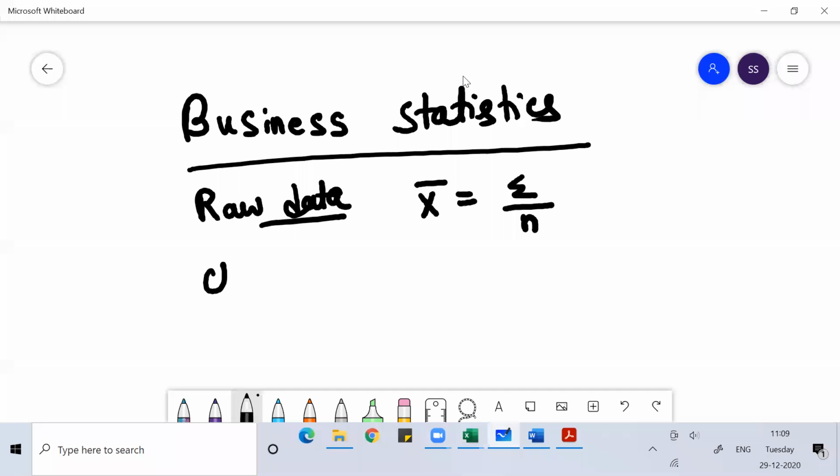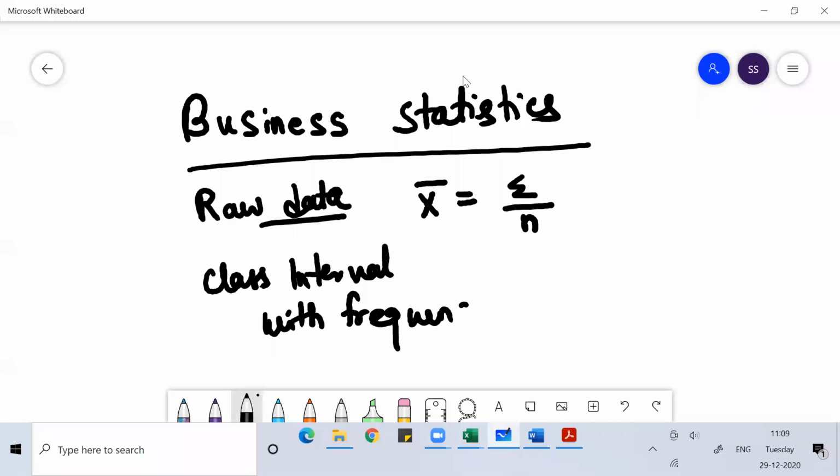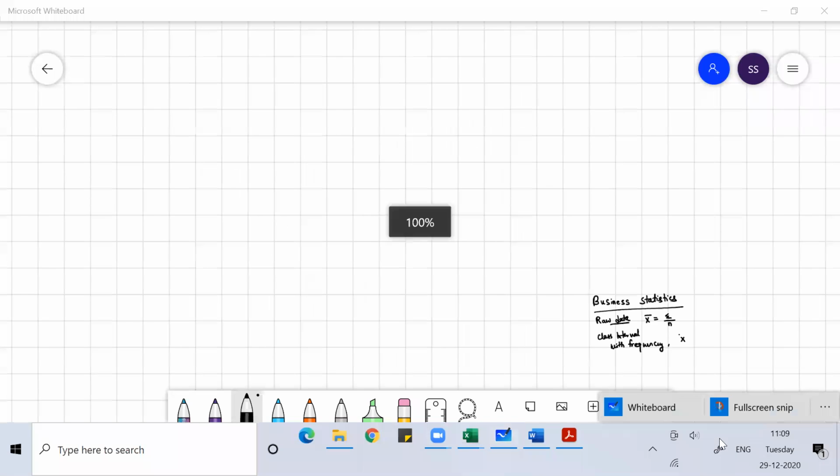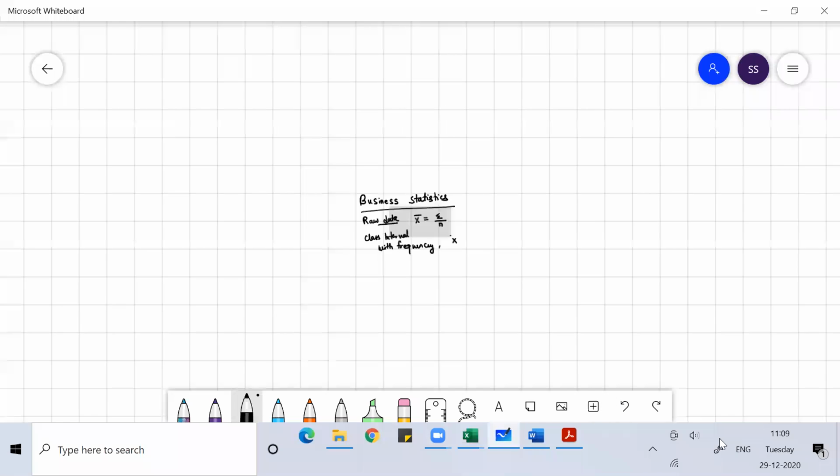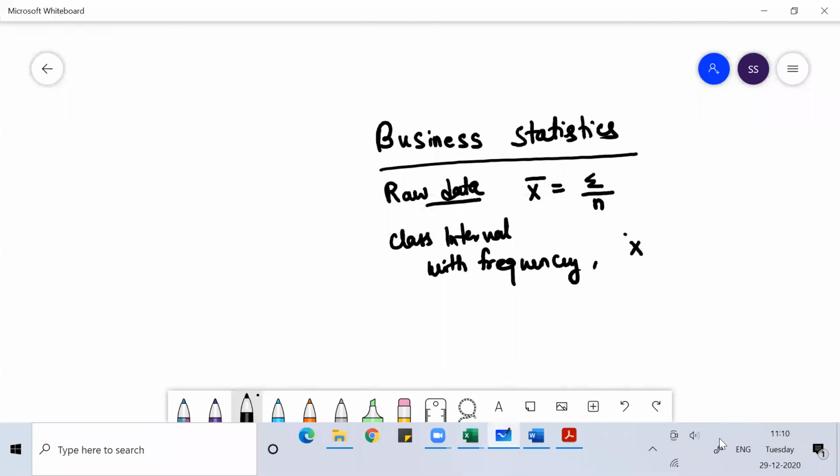While if you have data with class interval and frequency, then the formula of mean is summation of fx divided by summation of f. These two things you need to remember whenever we talk about business statistics.